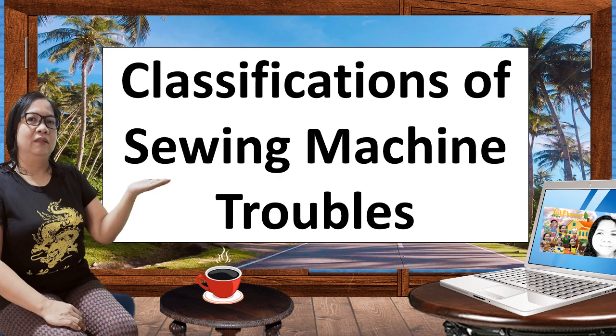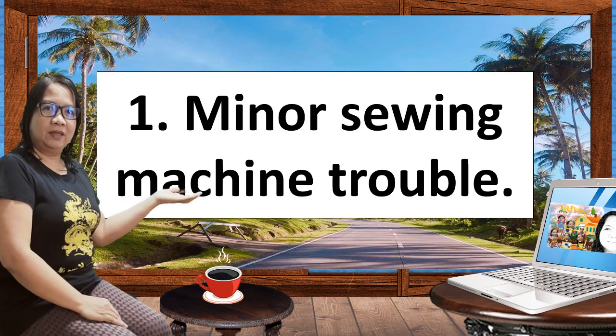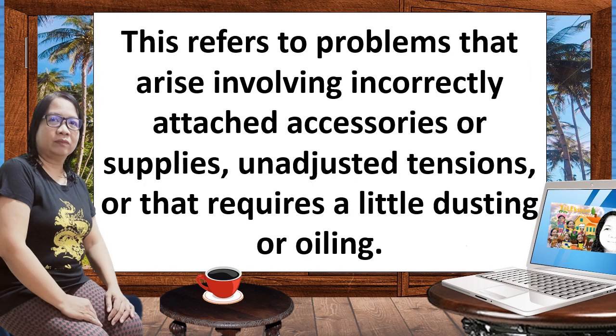Here are the classifications of sewing machine troubles. Let us have number 1 for minor sewing machine trouble. The minor sewing machine trouble refers to problems that arise involving incorrectly attached accessories or supplies, unadjusted tensions, or that requires a little dusting or oiling.